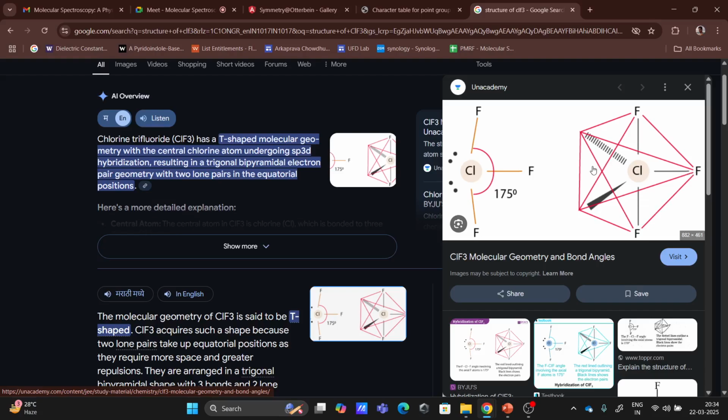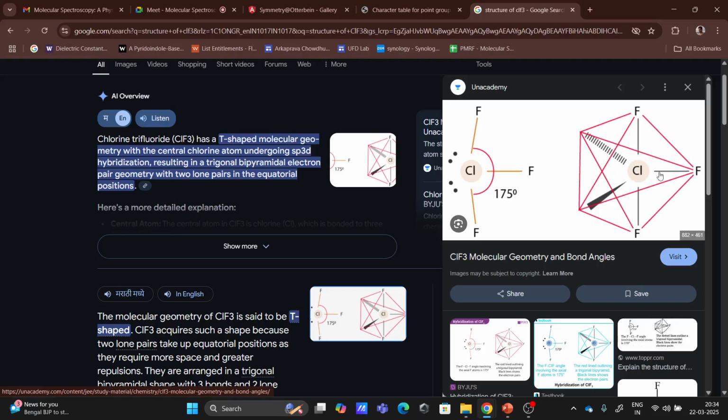So your C2 is fine, and another one of the sigma v's is along this. Another would contain all three fluorines and also the chlorine. You got my point.